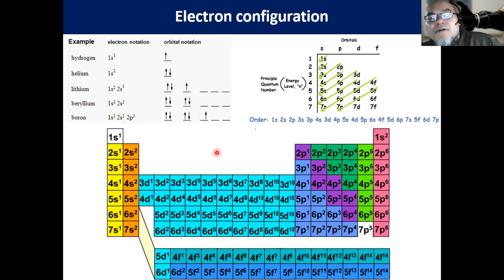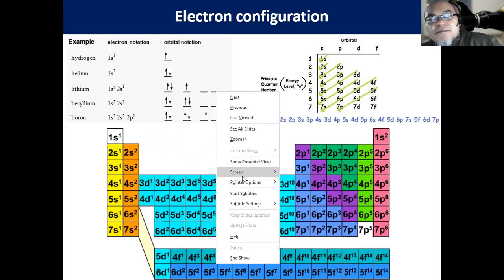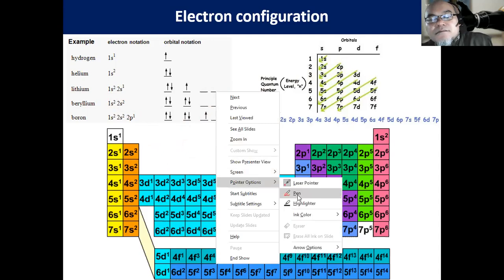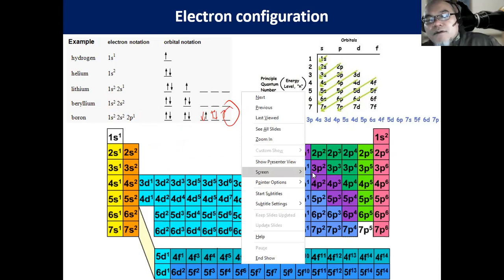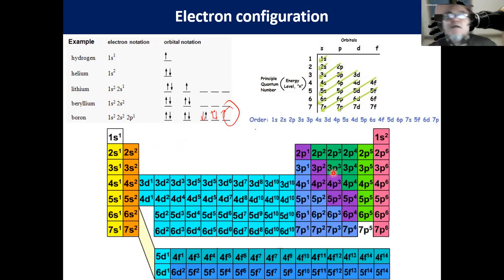So if we take a moment, 2p5 is 1, 2, 3, 4, 5. So it needs 1 more electron in order that it can be full, and that is why it tends to capture an electron.